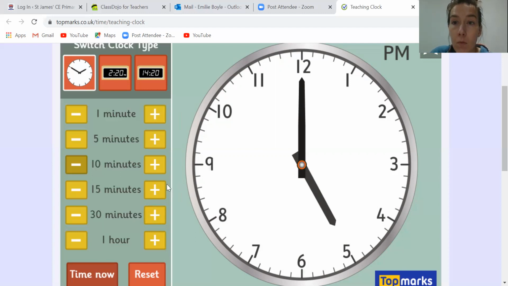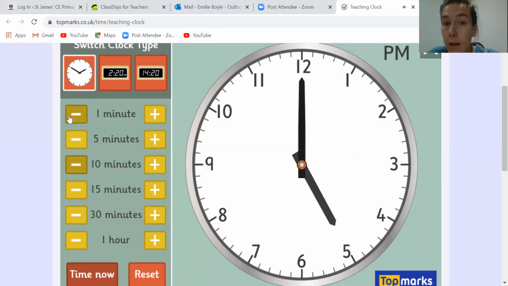So 1 minute is literally when the minute hand moves one of the smaller sections, not a bigger one, because we know those are 5 minutes. So that is 1 minute. 1 minute, everybody, is 60 seconds. So there's 60 seconds in 1 minute.